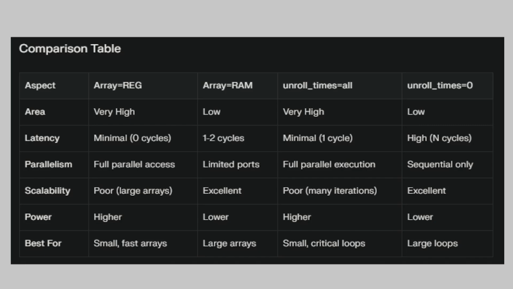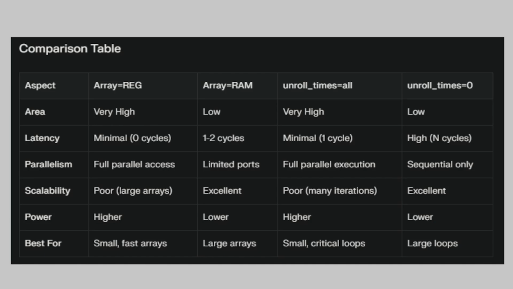So the advantages of unrolling are a higher performance rate, basically low latency, but the main drawbacks are high area consumption, higher power, and poor scalability. So if the iterations are very high, then unrolling will have a negative impact.